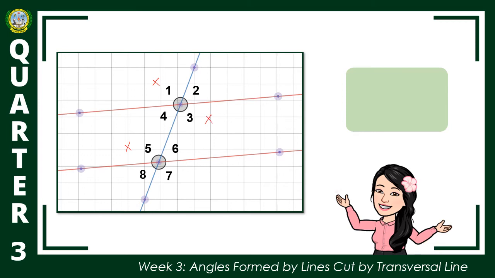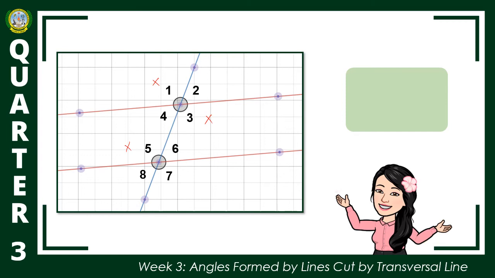And since angle 3 and angle 5 are both congruent to angle 1, then we can also say that angle 3 is congruent to angle 5 by transitive property. Okay, so yun po yung proof ng alternate interior angle theorem. Siyempre, magiging congruent na rin po yung other pair ng alternate interior angles natin, which are angle 4 and angle 6.